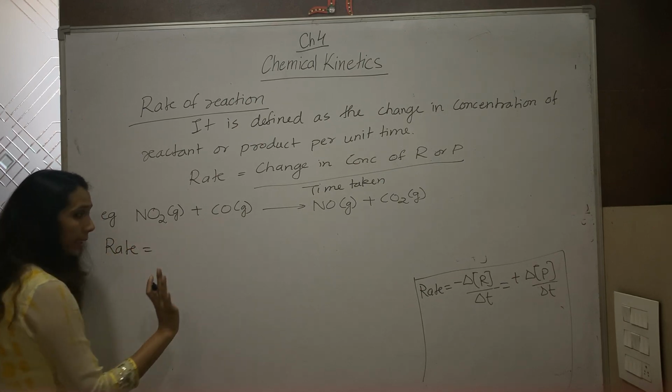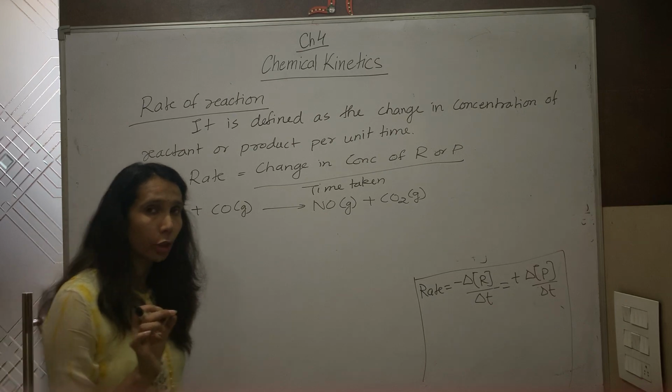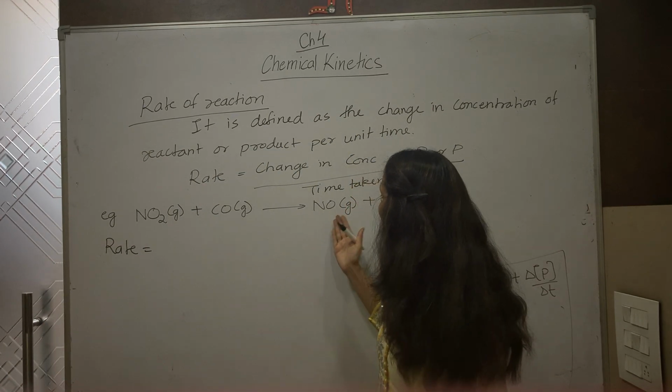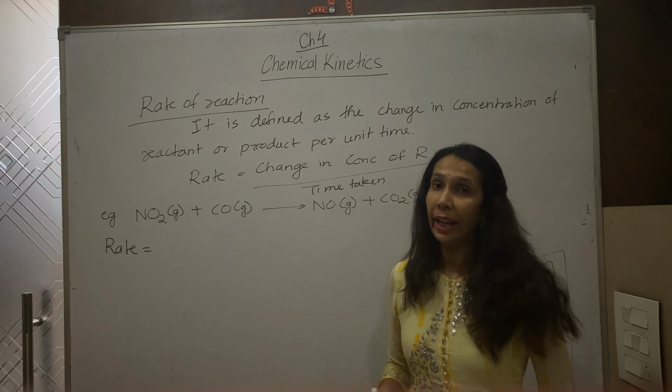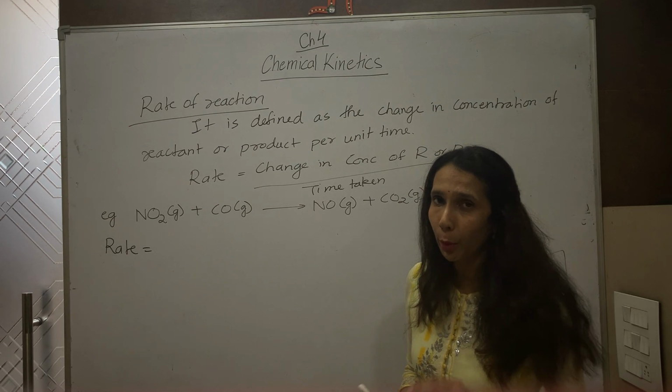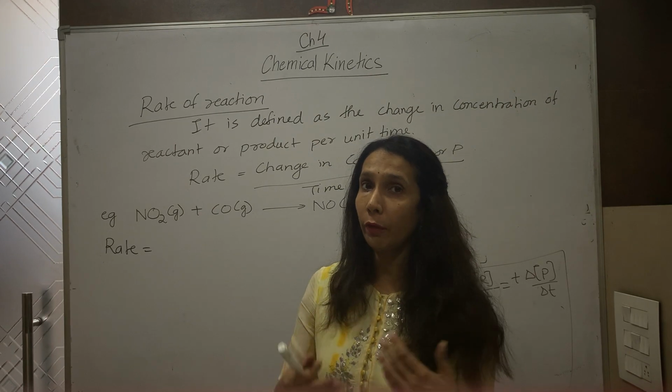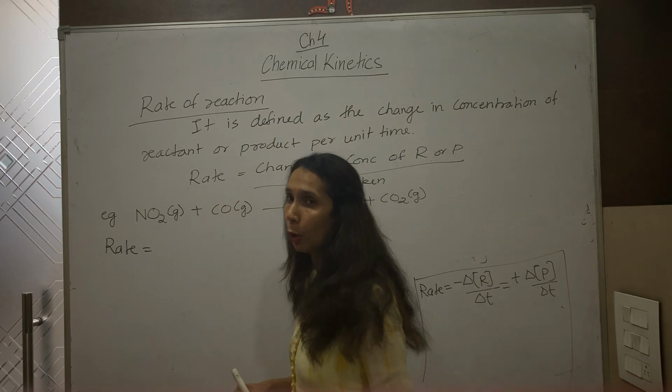There are two reactants. I can measure the rate of reaction in terms of NO2 or CO, or in terms of any one of the products. Whichever reactant or product I measure the rate in, it will come out to be the same. Suppose one of the students measures it in terms of NO2.